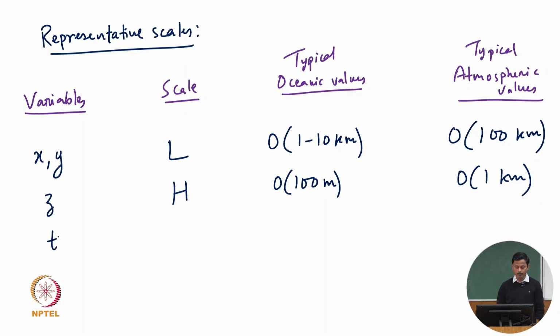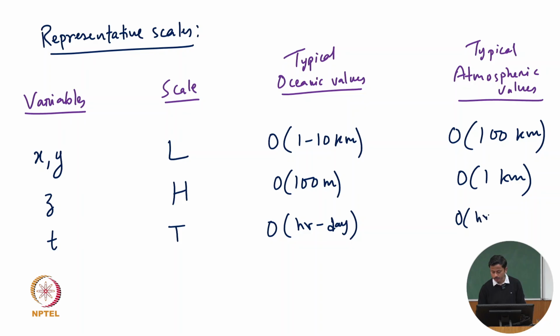The variable t, that is time, has a representative scale which is capital T, and for ocean and atmosphere, typical processes take a few hours to a day to vary, and for atmosphere this is similar.